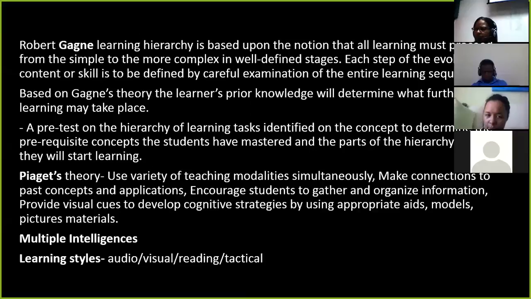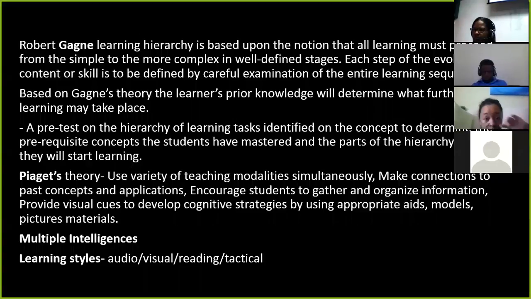Provide visual cues to develop cognitive strategies by utilizing appropriate aids. An appropriate aid could be a visualized concept map, a visual tool, so that they can see the stages of development or ideas, or even a timeline, and models and pictures. A concept map is a visual model that can be used.